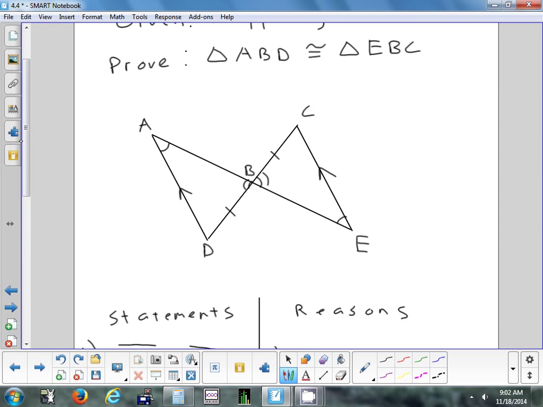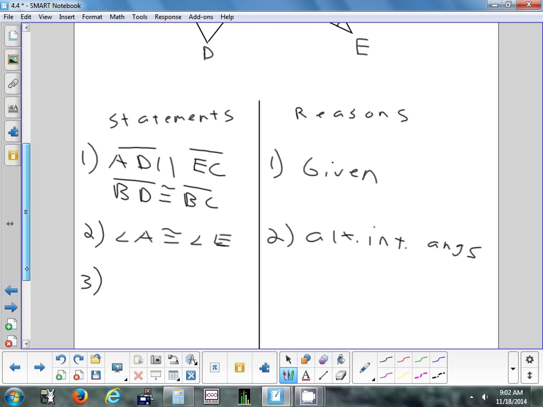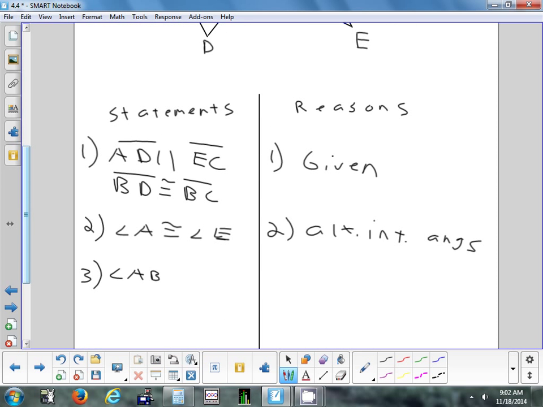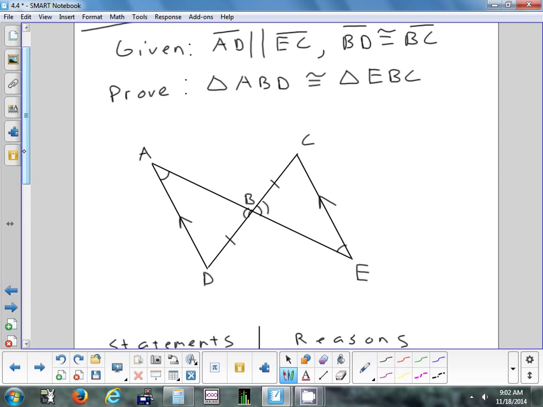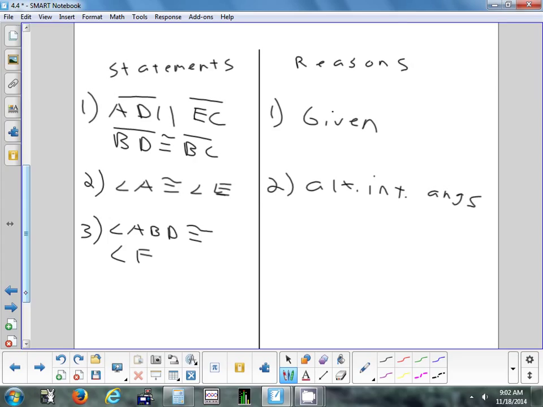When I name the vertical angles, I have to be more specific than B. That would be confusing. So we could say angle ABD is congruent to angle EBC, if we're going to be consistent. Yep. Those are vertical angles. And finish up with the statement they wanted you to prove.